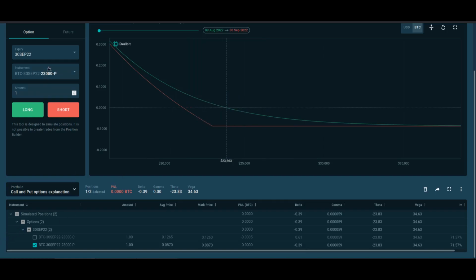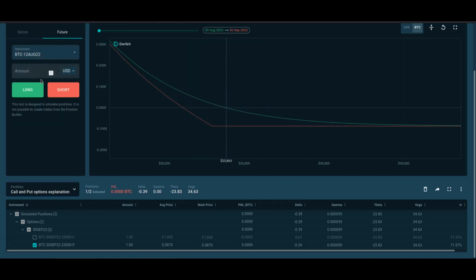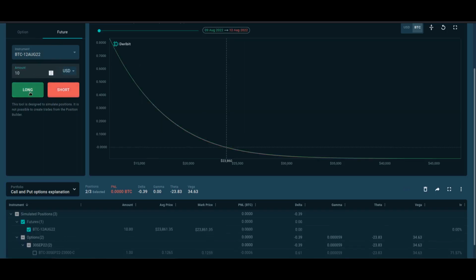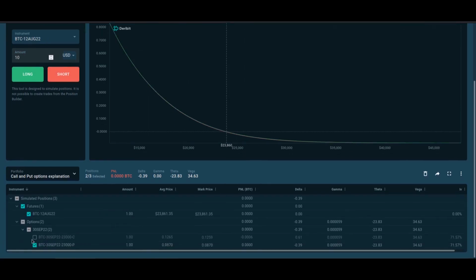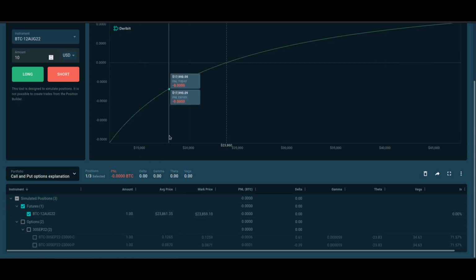Actually, I would like to show you how futures work. For example, let's take a long one future, okay, and let's switch off BTC.